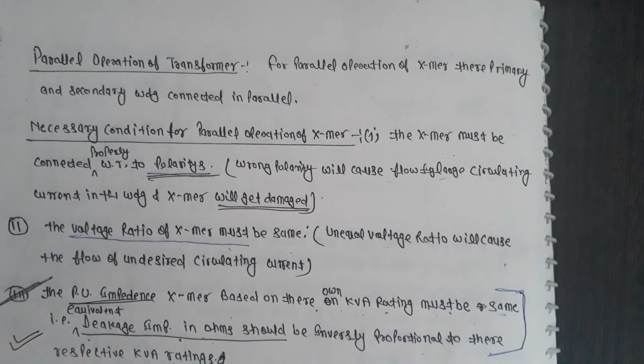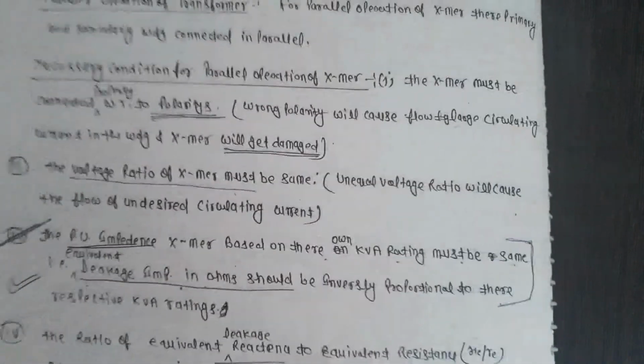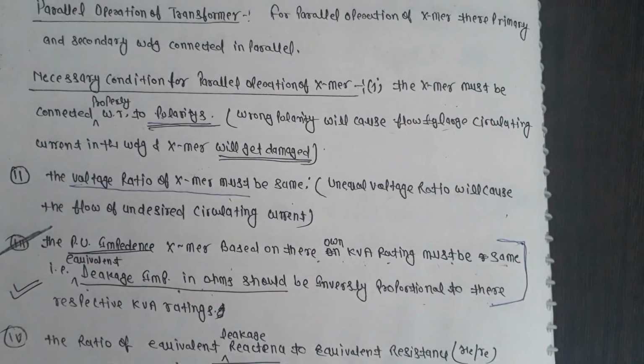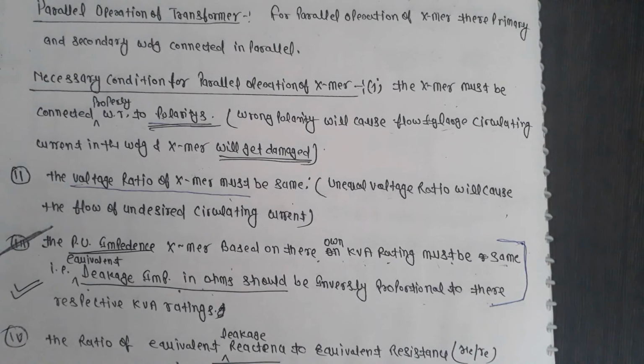Next, per unit impedance of each transformer based on its own kVA rating must be the same. Equivalent leakage impedance in ohmic value should be inversely proportional to their respective kVA rating. It must also follow this condition.